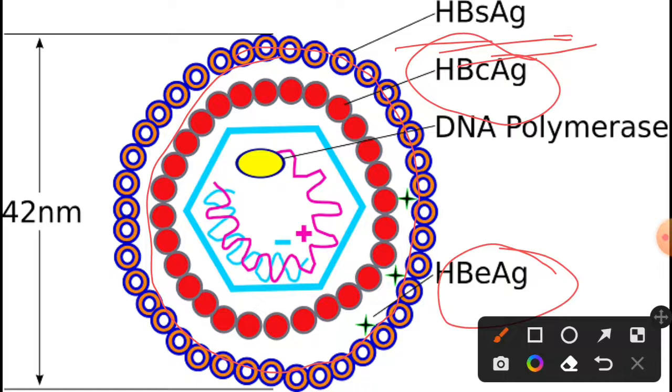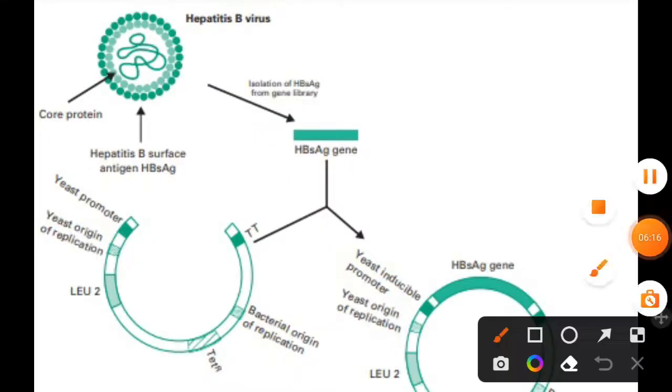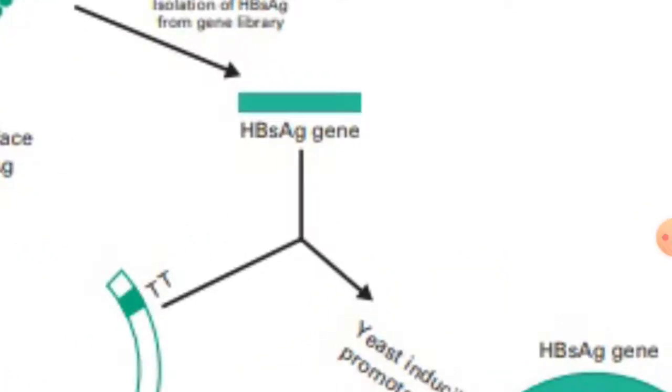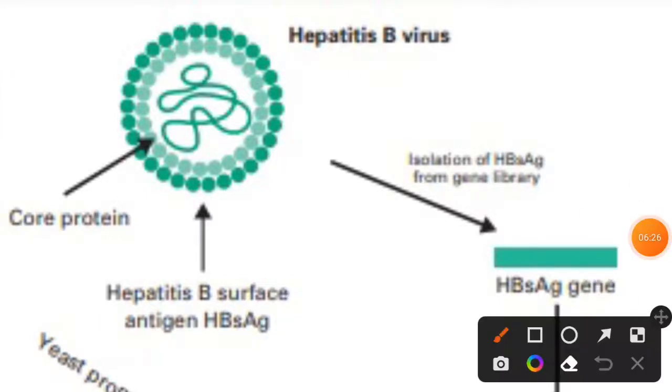Let's see how we use the hepatitis B surface antigen to construct the hepatitis B viral vaccine. This is the hepatitis B virus, as you can see. I have already made a video lecture regarding the gene library, and there is also a gene library available for the hepatitis B virus.